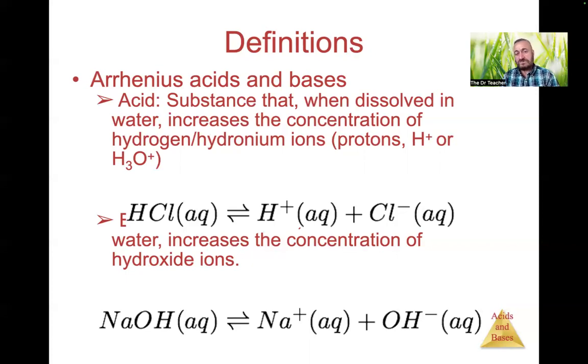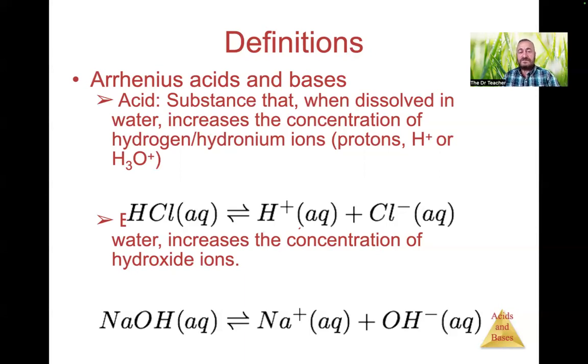So water is being used here with HCl. The water is amphoteric. It means it can behave as either an acid or a base. Once you use HCl, HCl is an acid. So when you dissolve it in water, the water will behave as a base. So it means the base will be increased.